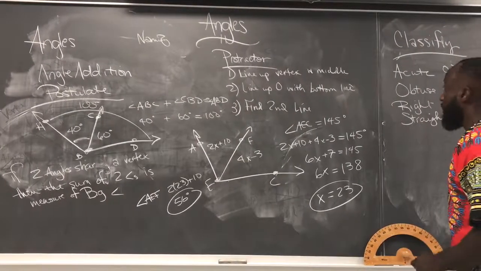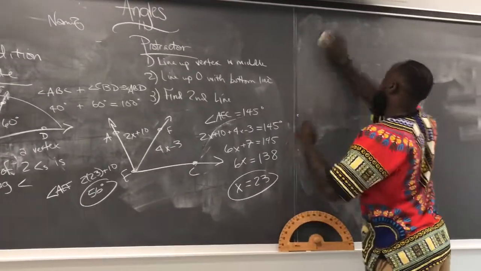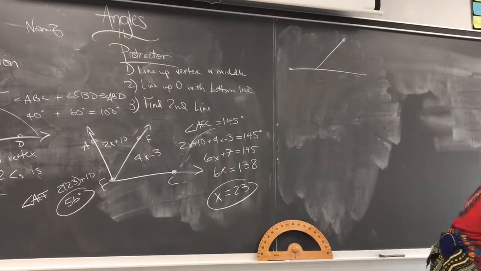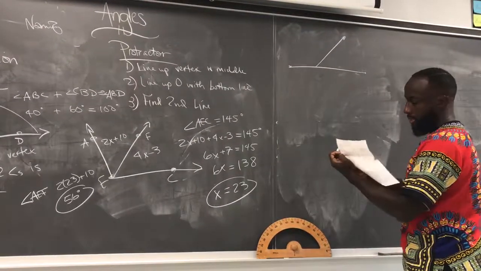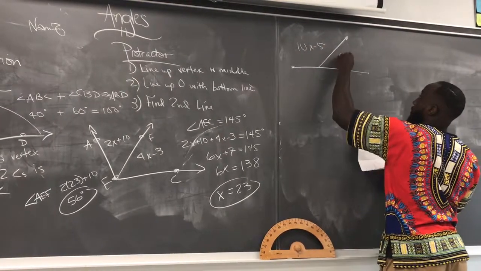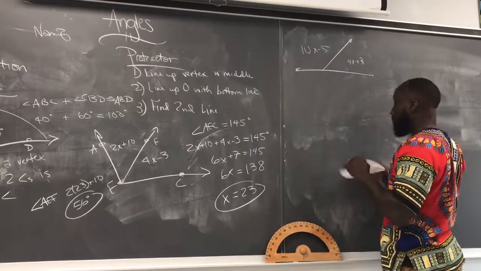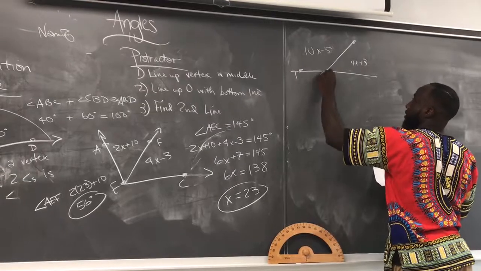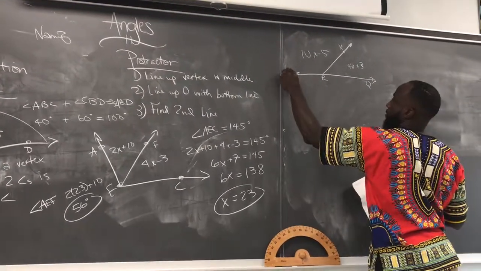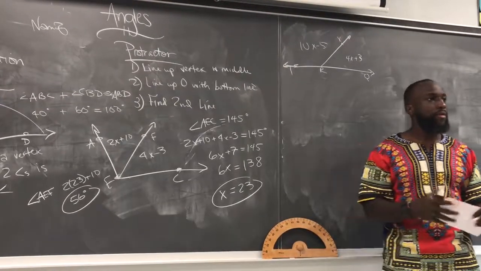Here's one more example of that. What if I have this situation going on? If I got it like this, and I said that this angle is 10x minus 5, and this angle is 4x plus 3, how would I set this one up?